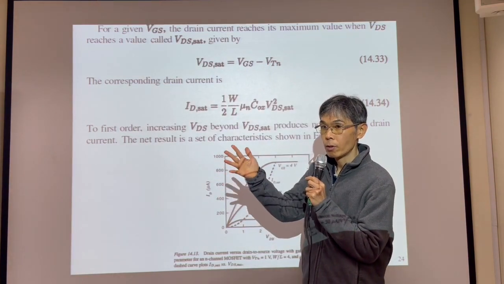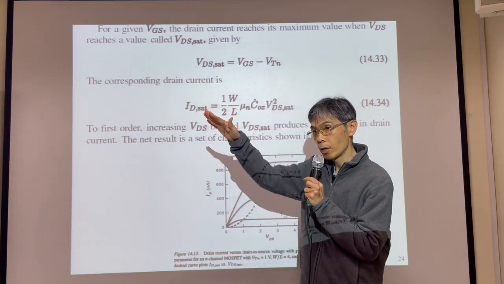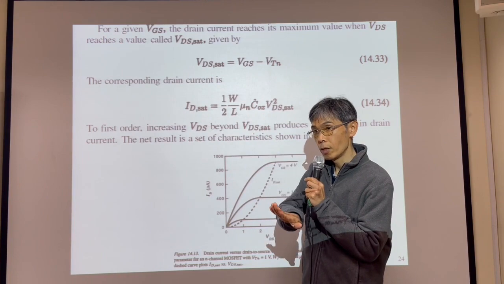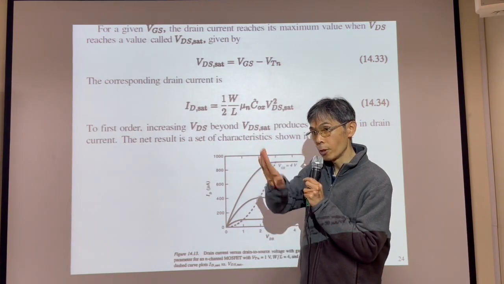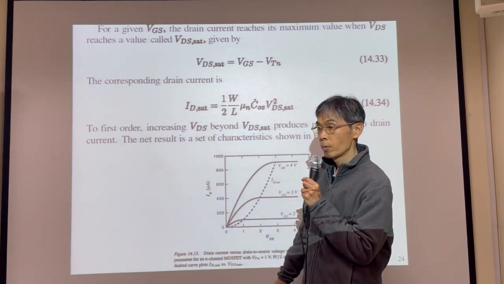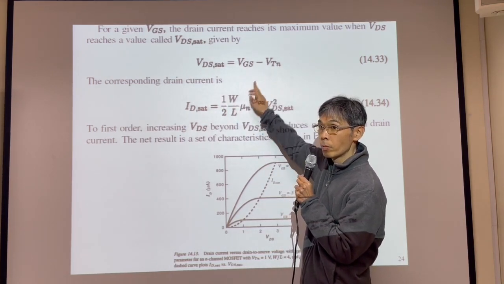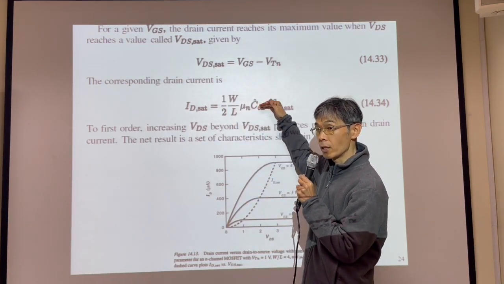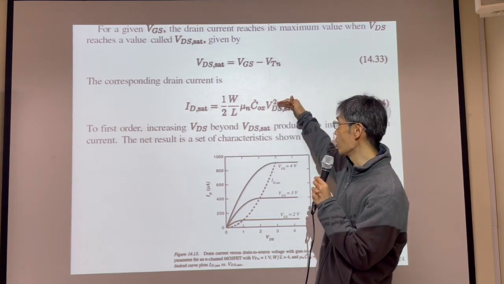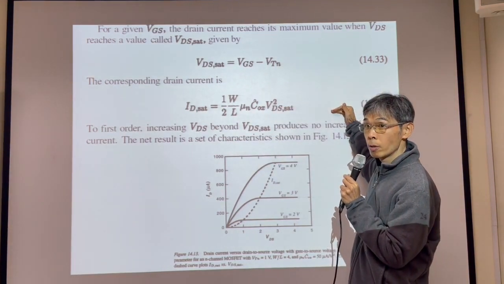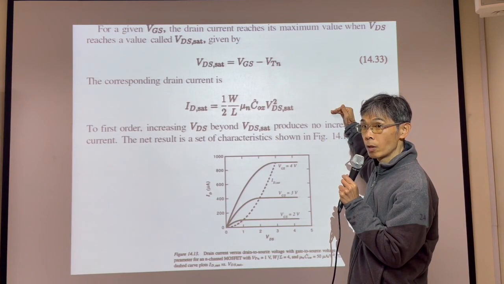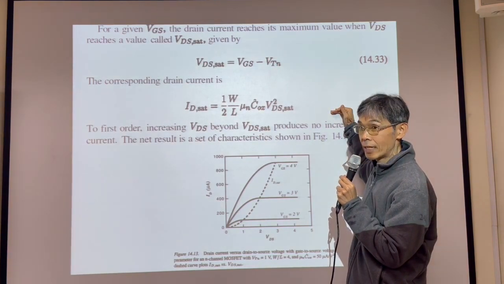If VDS is less than VGS minus VT, is the device in the linear region or in the saturation region? No, linear.